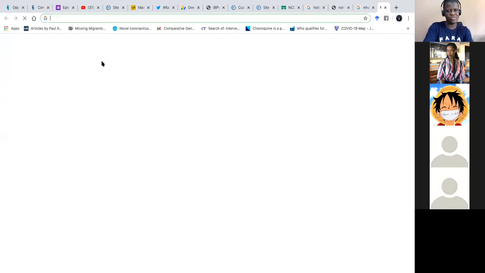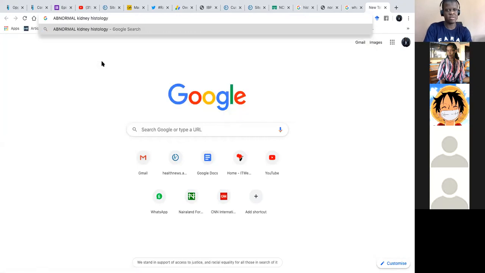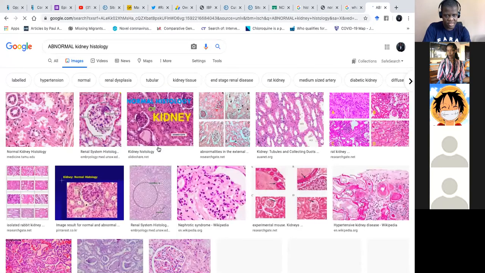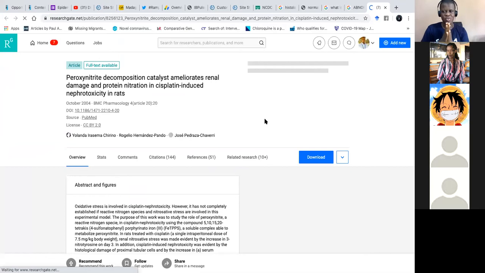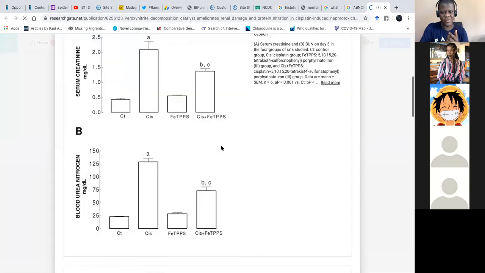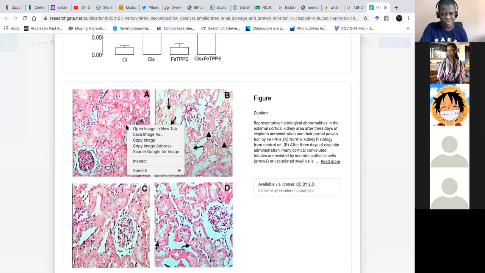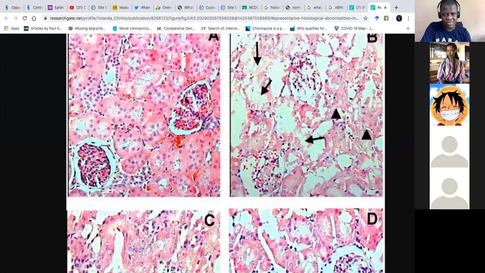So now when we want to look at abnormal histology, what I'm trying to drive at is that in histology or in histopathology, we know what a normal tissue looks like, so that when we now see an abnormal tissue, we should be able to know that there is a lot of difference.